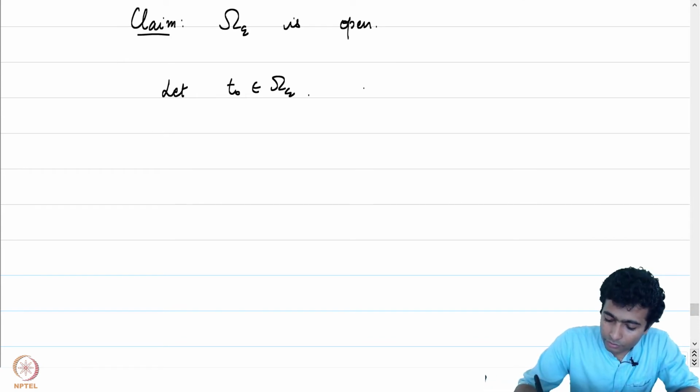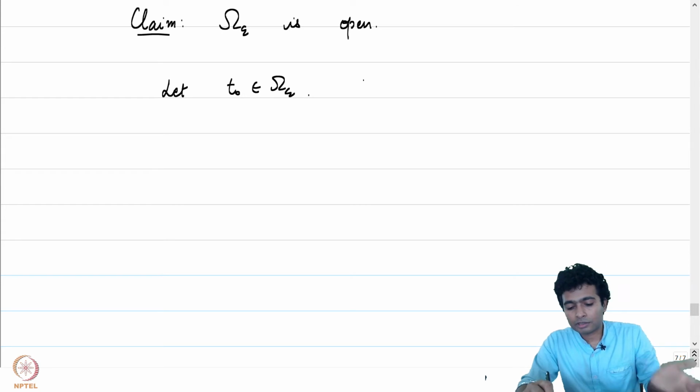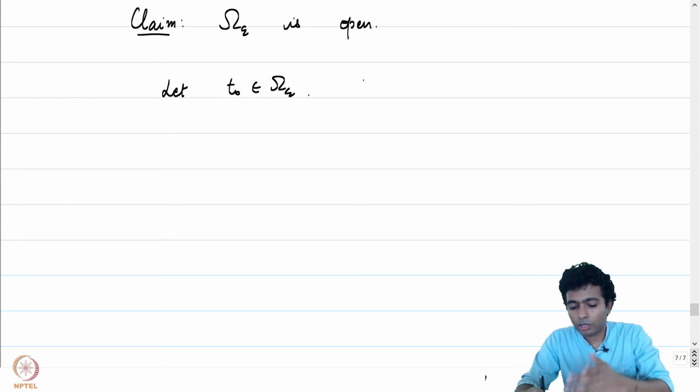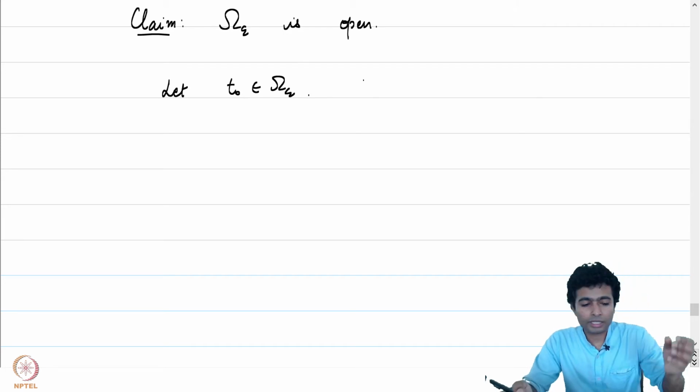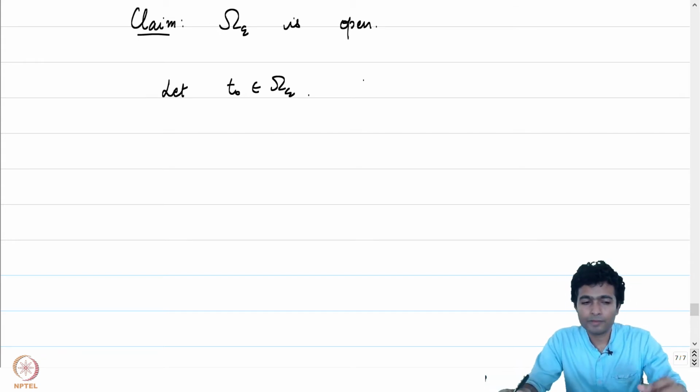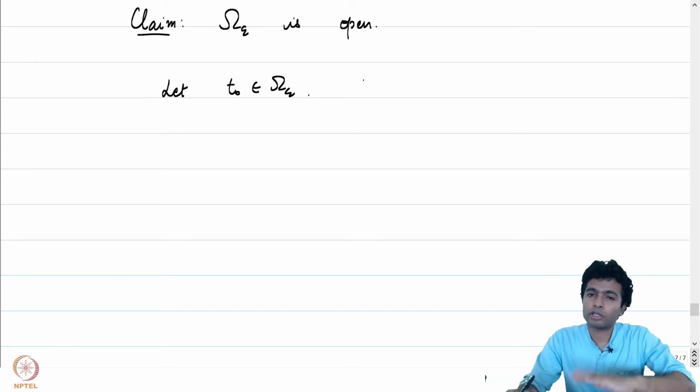Now, if T prime is less than T naught, then T prime is already an element of omega epsilon. And because of that, for any delta such that T naught minus delta to T naught plus delta is contained in [a,b], T naught minus delta to T naught is already in omega epsilon.